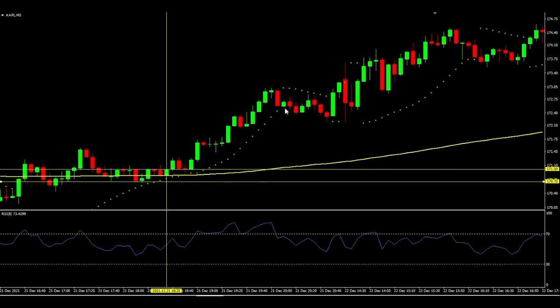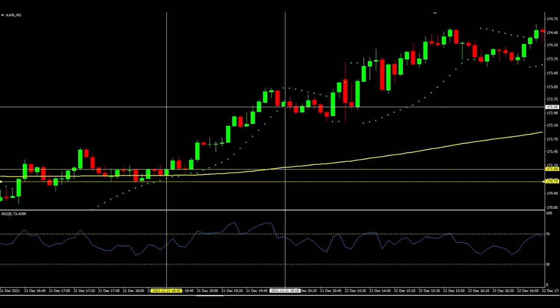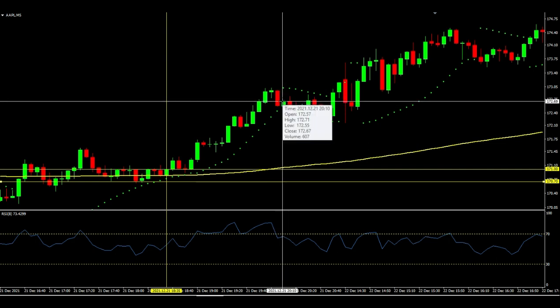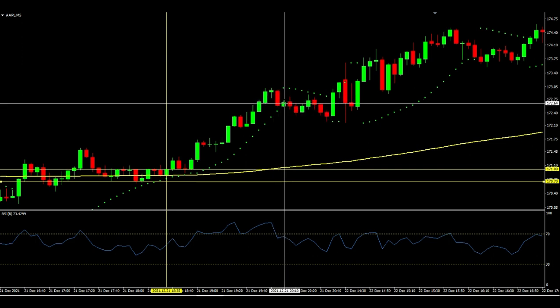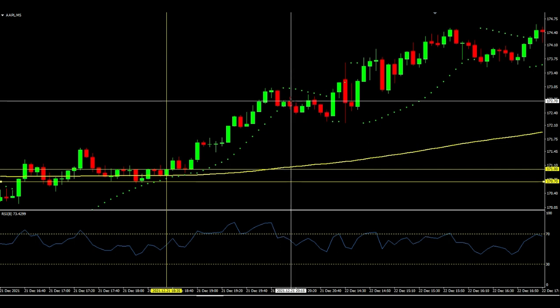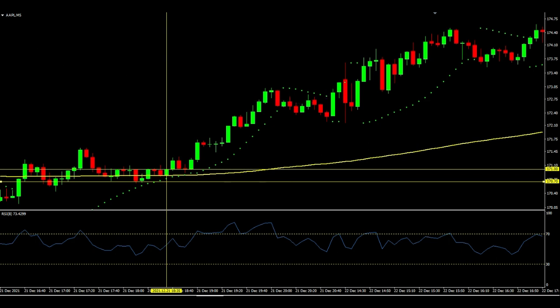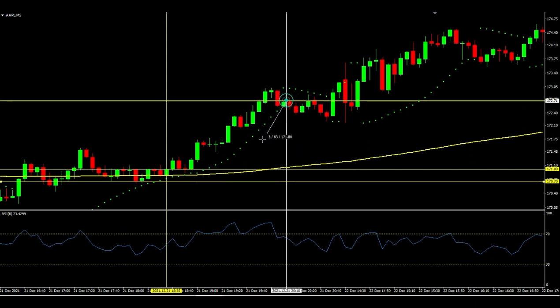So we're going to exit at the close of this candle, and at the open of the new candle we will get out. This is where we get out as soon as you see the parabolic SAR. We have made a profit of 171 points.